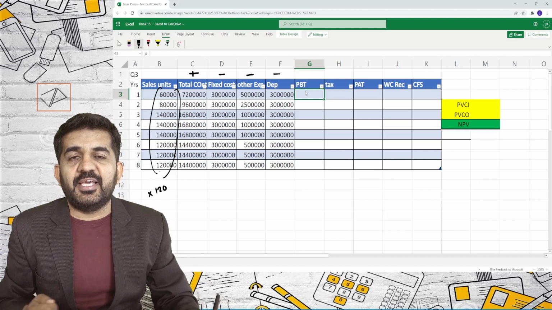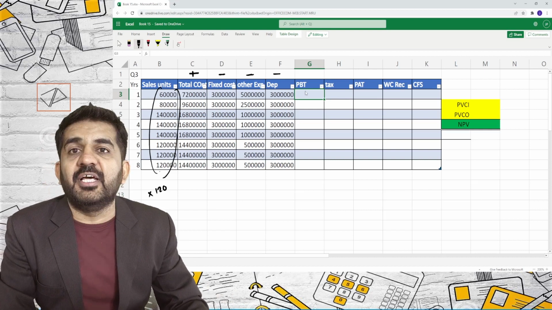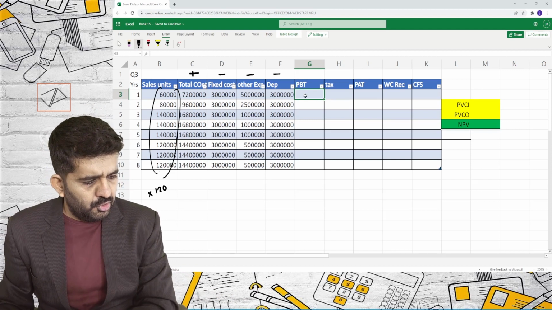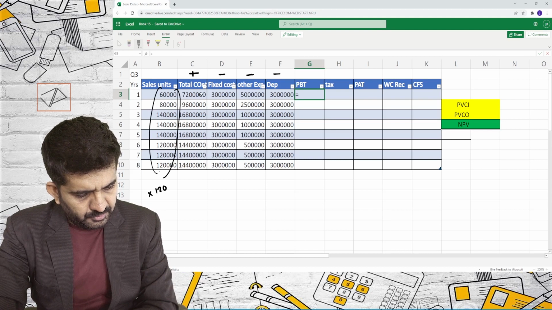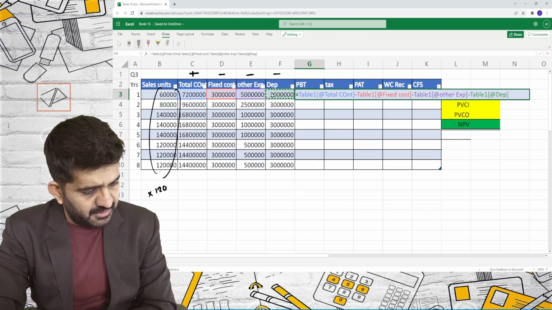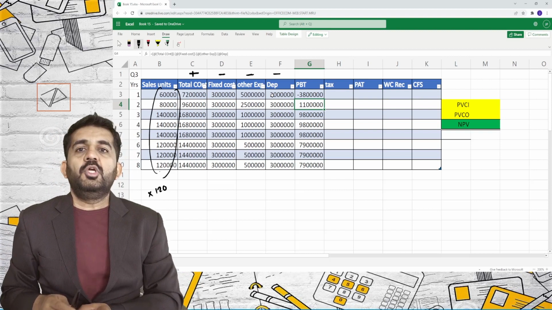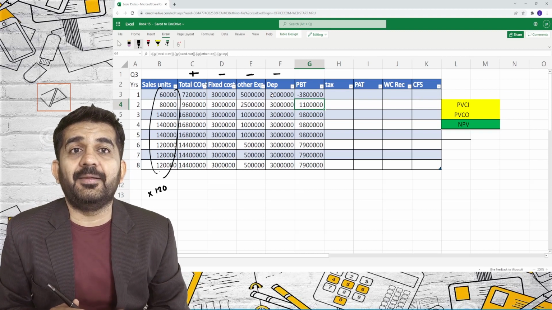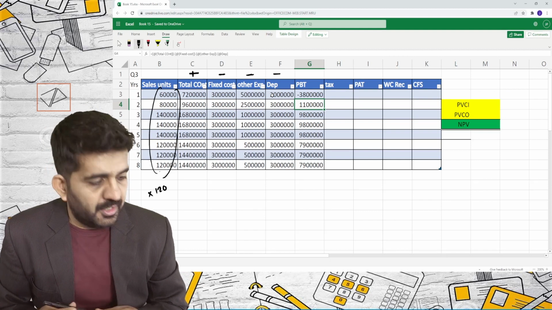I can also say it is total contribution minus fixed cost minus other expense minus depreciation. So this column will be equal to total contribution minus fixed cost minus other expenditure minus depreciation. This is my profit before tax.